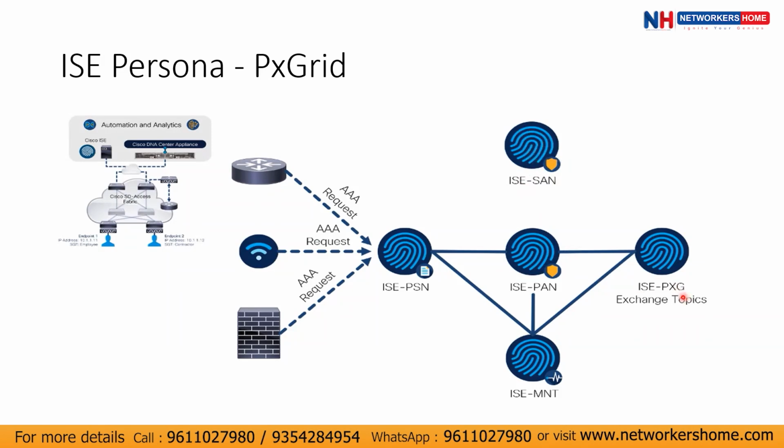And the fourth or fifth, I would say, is your pxGrid, which exchanges the contextual information with the other party, the other platform, acting as a platform of ICE. So whenever you want to integrate this particular ICE with DNAC, all the contextual information is published to DNA Center via ICE through this particular node, pxGrid, right?